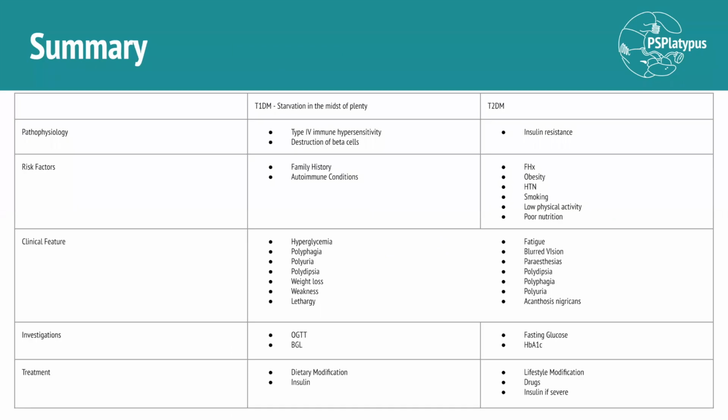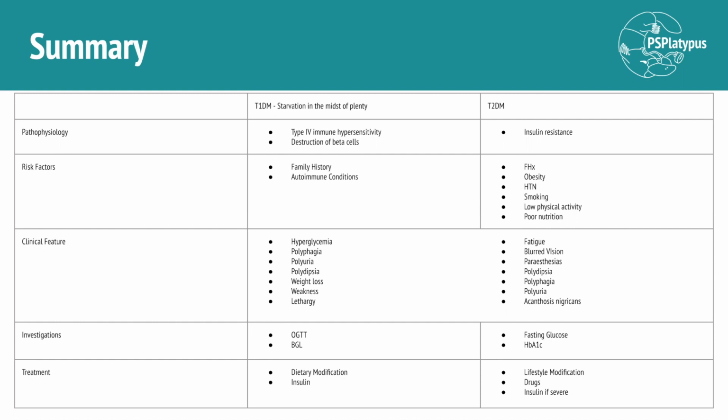So this is a slide that summarizes the pathophysiology, risk factors, clinical features, investigations, and treatment of type 1 diabetes and type 2 diabetes. The key thing to note here is that in terms of the clinical features, these signs and symptoms can be found in both type 1 and type 2 diabetes, and therefore should be correlated with a history as well as investigations to make and confirm a diagnosis, especially with rising obesity rates in the younger population.